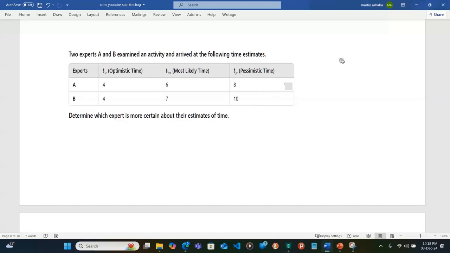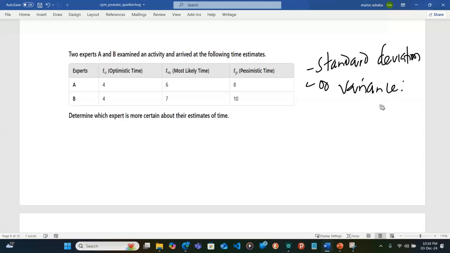So what we are going to do is calculate the standard deviation, which is going to tell us the variability. We can even do variance. These are measures of dispersion or variability of the duration estimates.